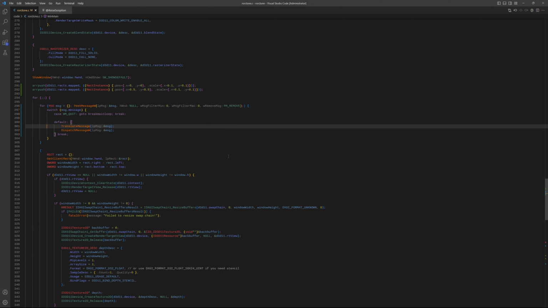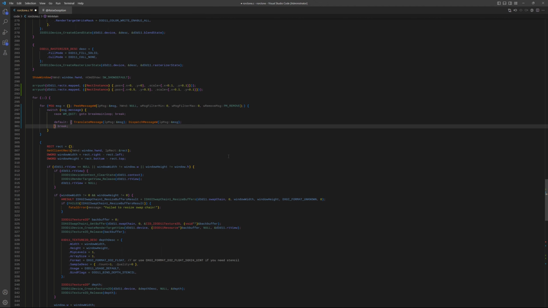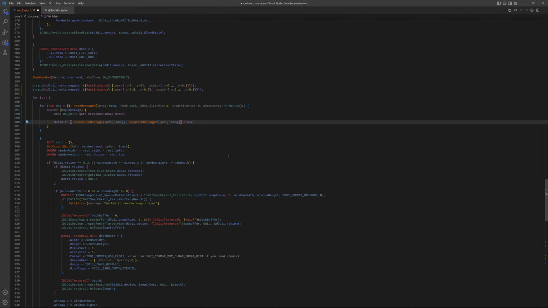So we'll loop over all the messages, break main loop here. Default is translate dispatch. Should I just one-line this? Because I don't really care.